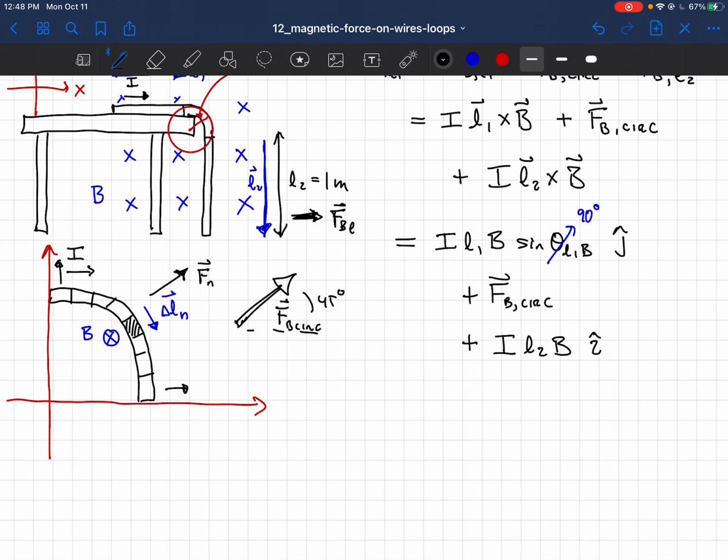So that means that we really only need to calculate one component of it, either the x or the y component, and then the other component will be exactly the same. That's what it means to have a 45-degree angle.